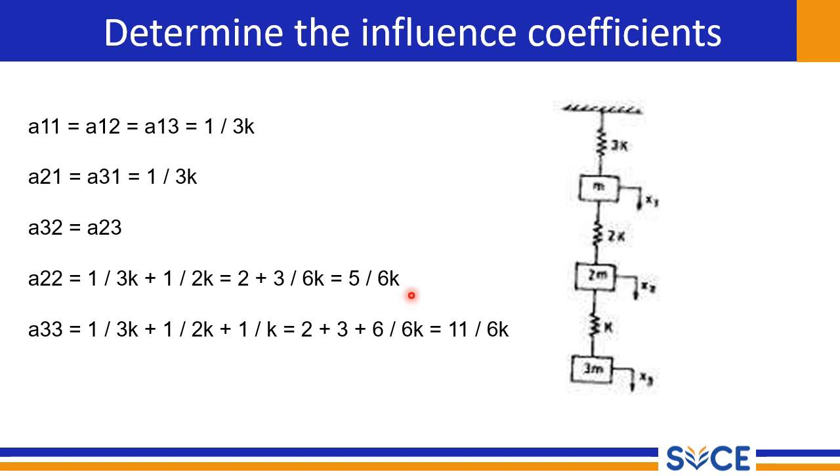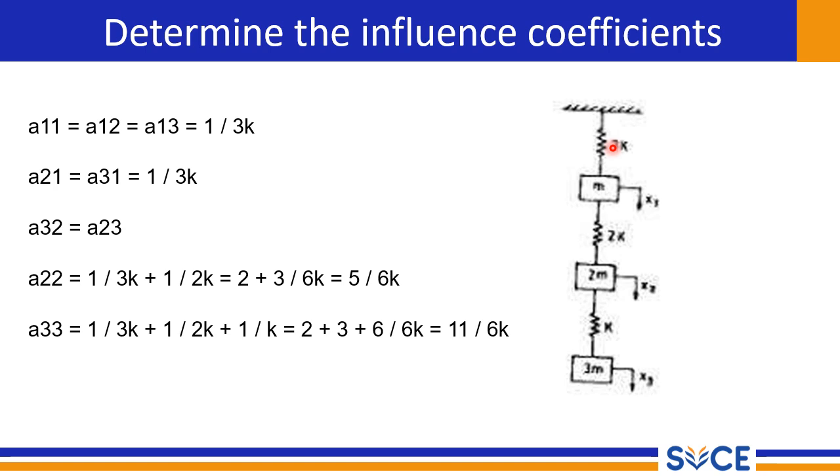Also, we can see the next mass. If a unit force is going to be applied at the mass 3m and the deflection is going to be measured at the same mass 3, then what will happen? We have to take into account all three springs which are connected above the mass 3m.